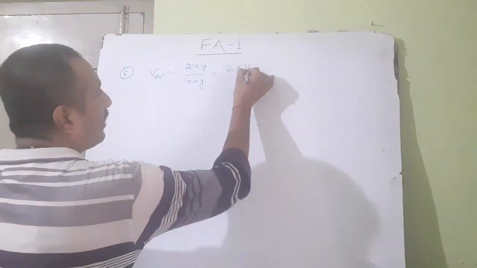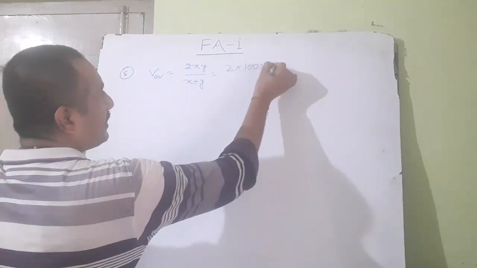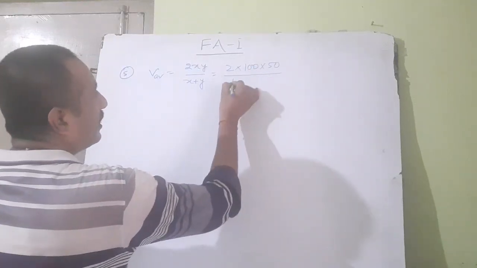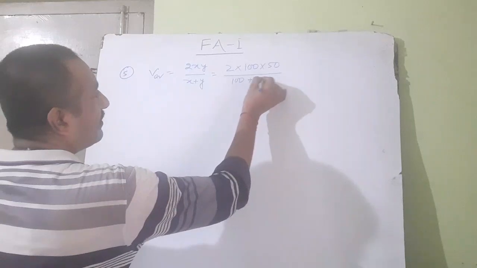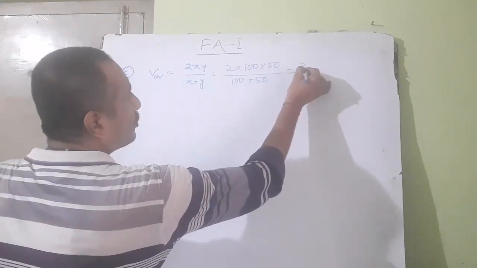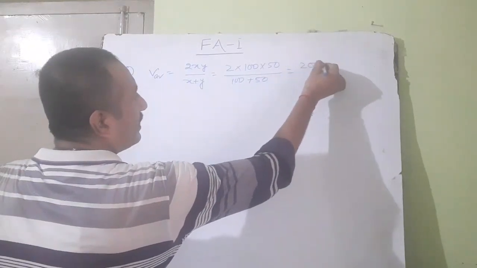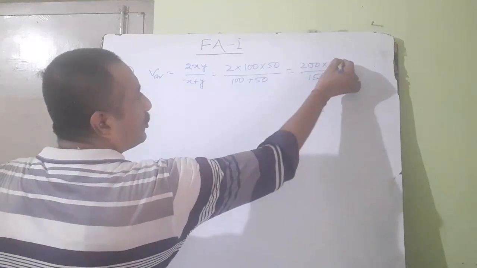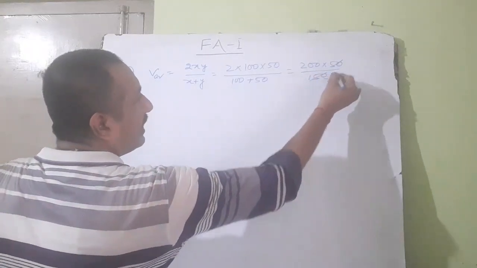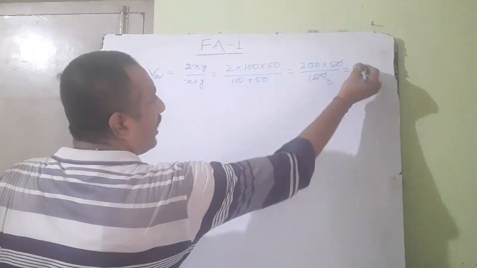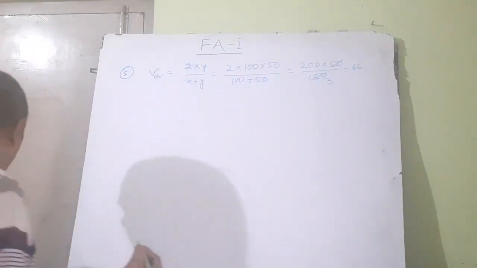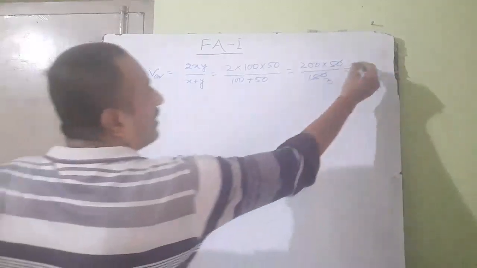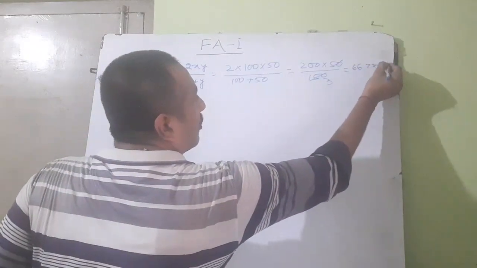So 2 into 100 into 50 divided by 100 plus 50, which means 200 into 50 divided by 150, and it will be 66.7 meter per second. Got it?